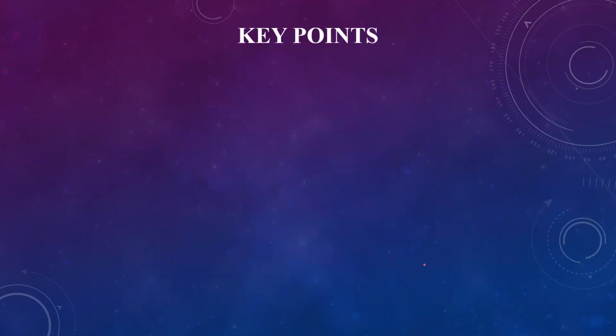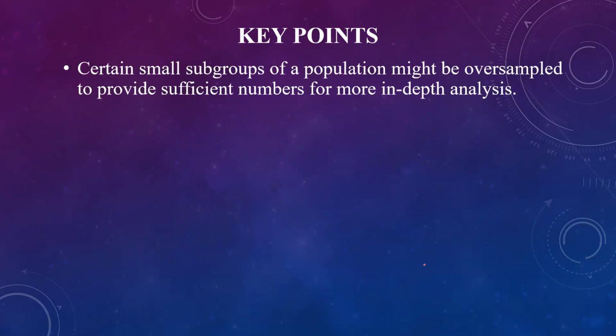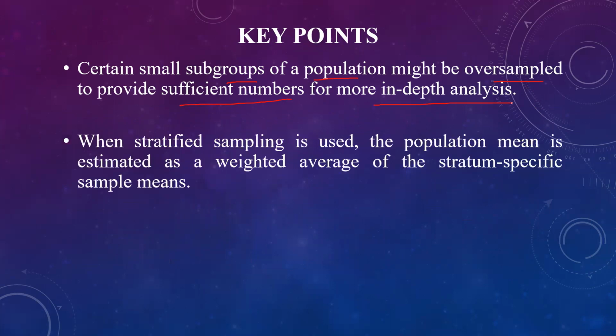We need to remember a few key points whenever we apply the stratified sampling method. Certain small subgroups of a population might be oversampled to provide sufficient numbers for more in-depth analysis.